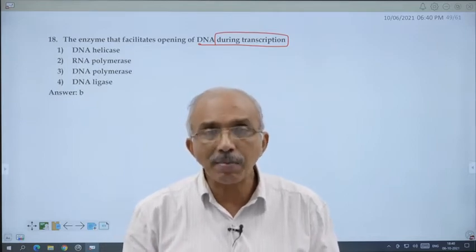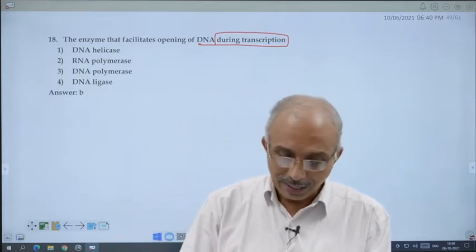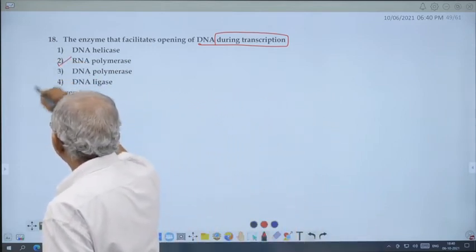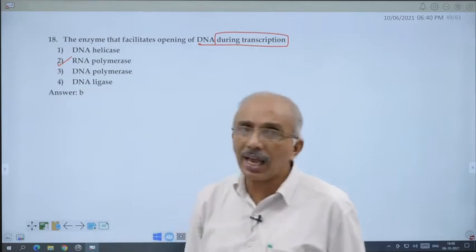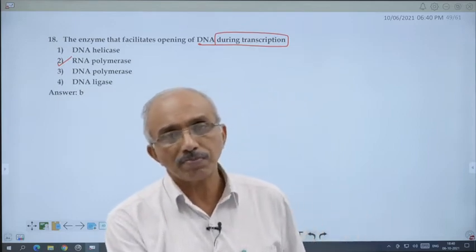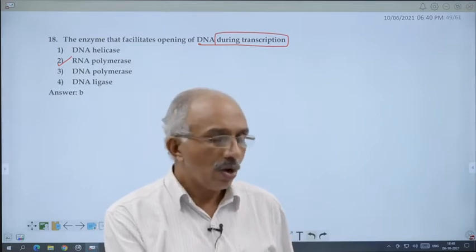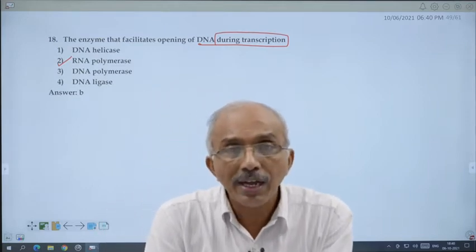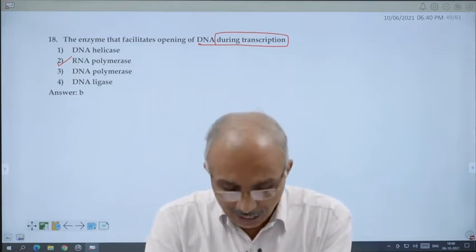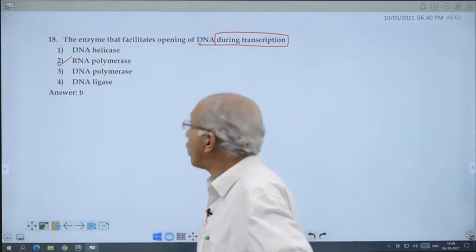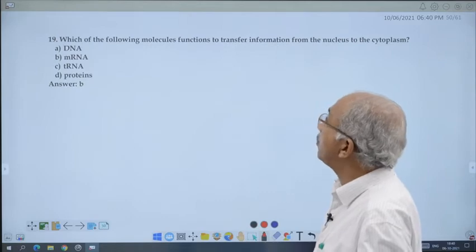What is the enzyme involved in transcription? It is RNA polymerase. Don't say DNA polymerase or the enzymes involved in DNA replication. It is RNA polymerase.